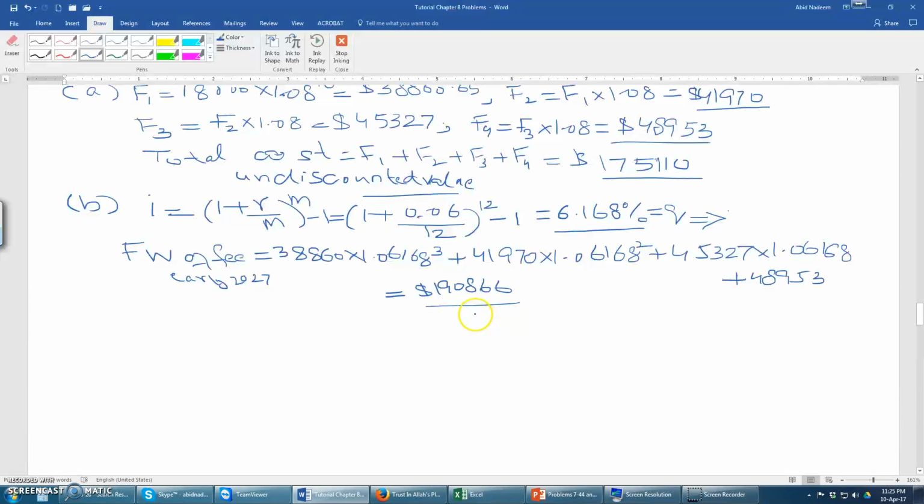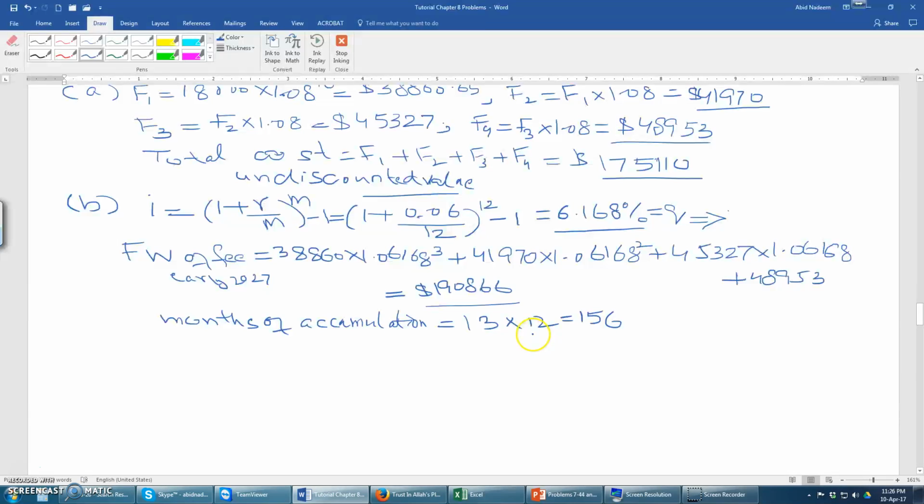So there will be 13 years. 13 years means how many months? The months of accumulation, n monthly payments, is equal to 13 times 12, which is 156 months.